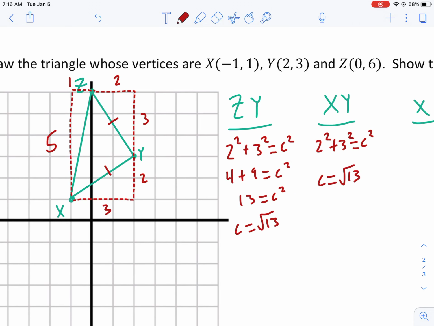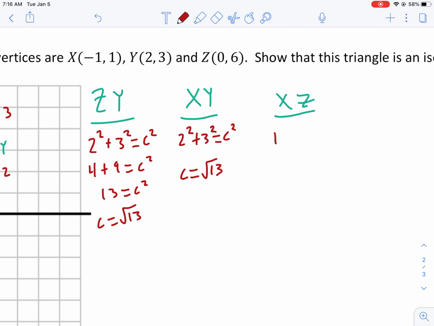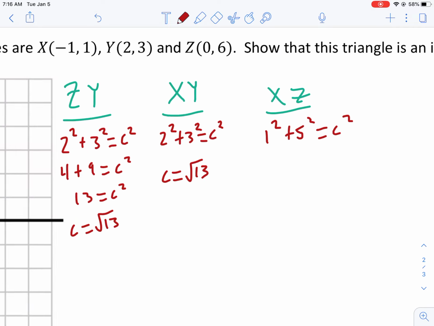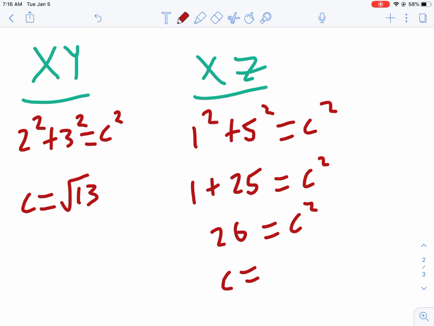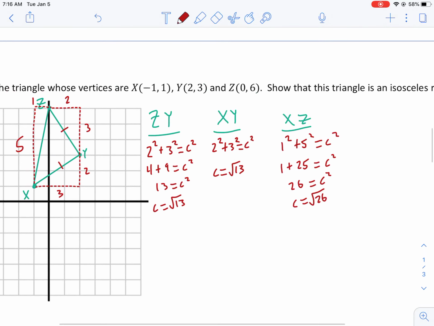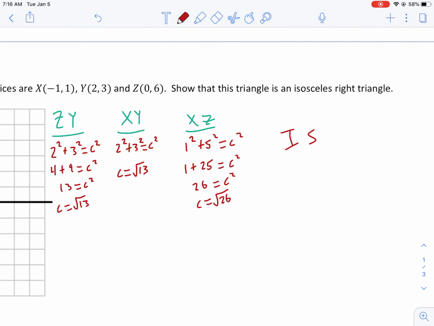So that one doesn't look like it's going to be the same. And we can figure out what it is. This is going to be 1 plus 25, which equals c squared. So c squared equals 26, so c equals the square root of 26. So that one's different. So we have shown here that it's isosceles.